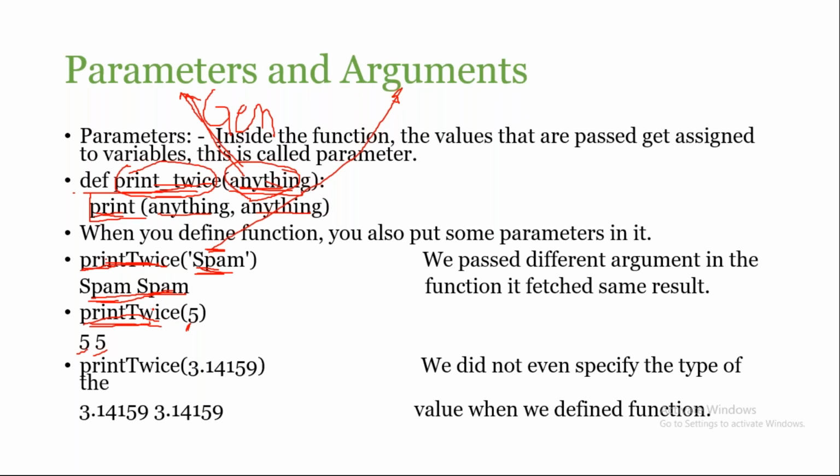But the noticeable thing is that this parameter was so general that it did not differentiate between string and integer. It followed the same logic, printing it 2 times, whether it is a string or an integer. So it did not make any difference.